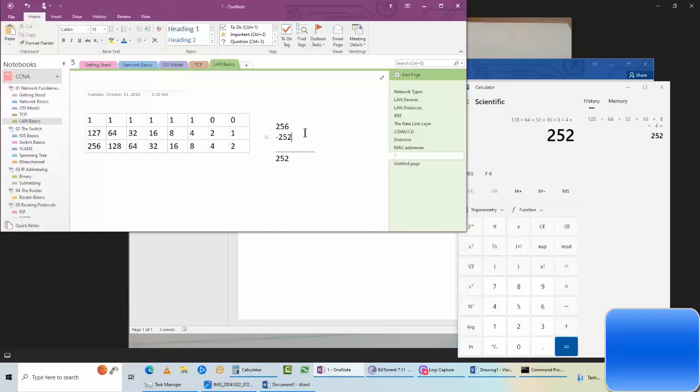Now, our magic number is 4. So that means, now that we fixed my mistake, my first network is going to be 0. My next one is going to be 4. My next one is going to be 8. 12, 16, 20. You get the idea?